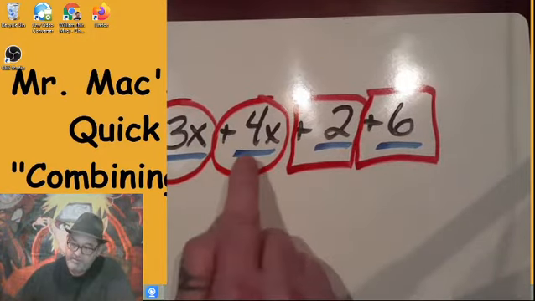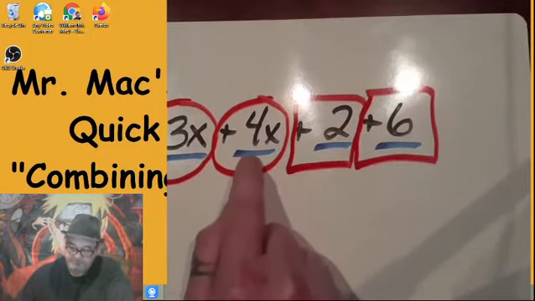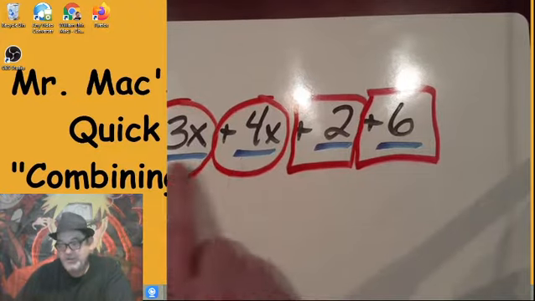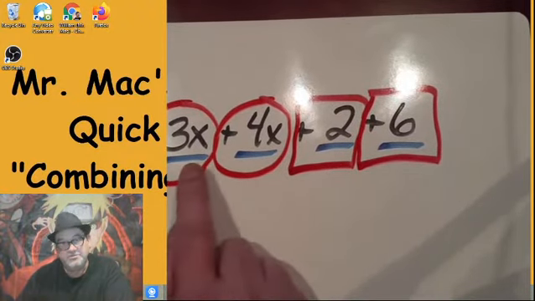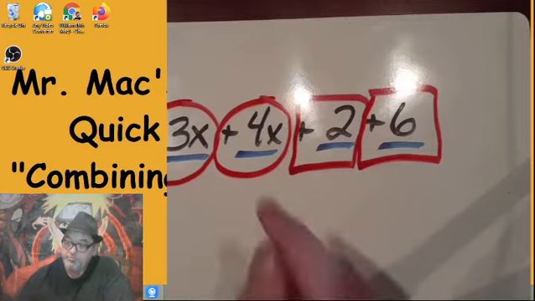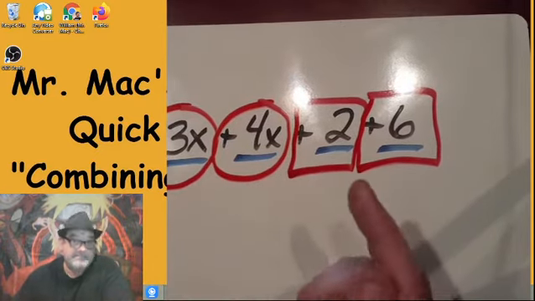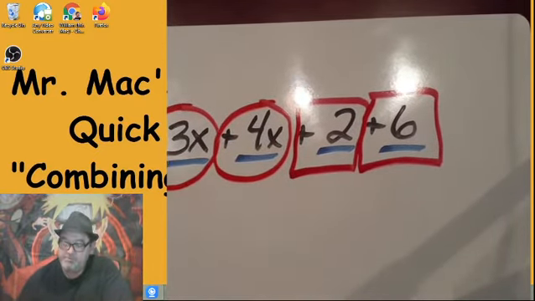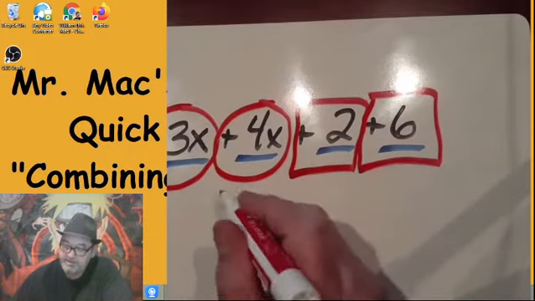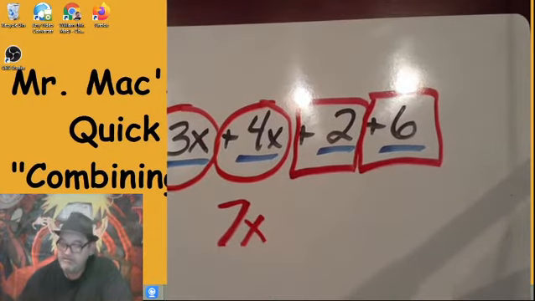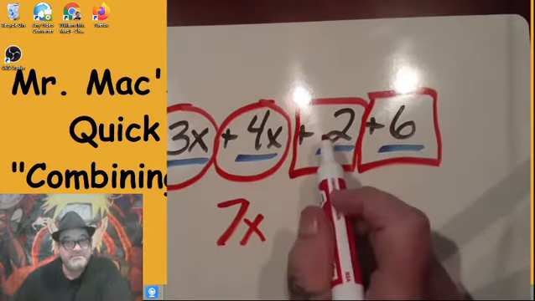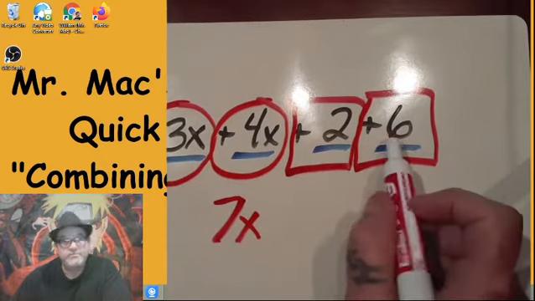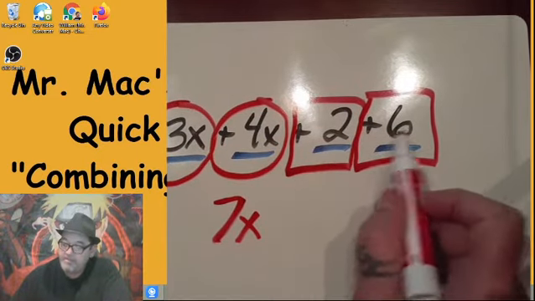Here I have 3 x's and I have 4 x's here. Well, I can combine these two to make just one group. Combining means to add, so I'm just going to add 3 plus 4, and that gives me 7 x's. Here I can do the same thing, but this time I just have regular numbers, positive 2 and positive 6.